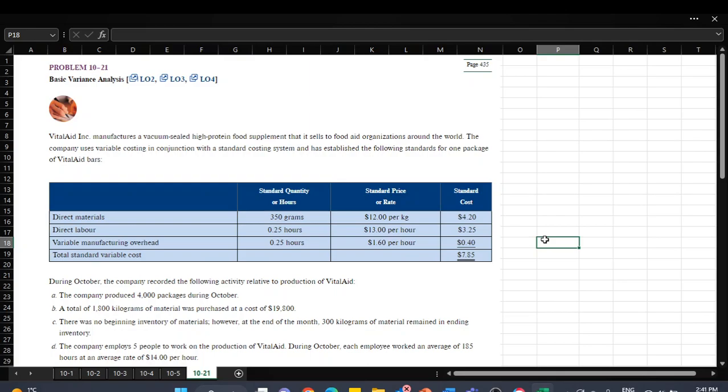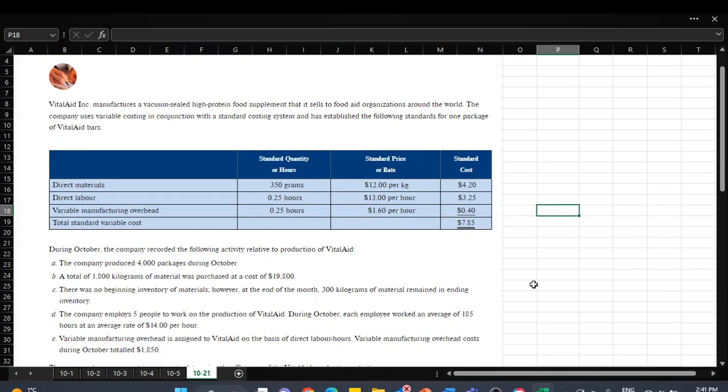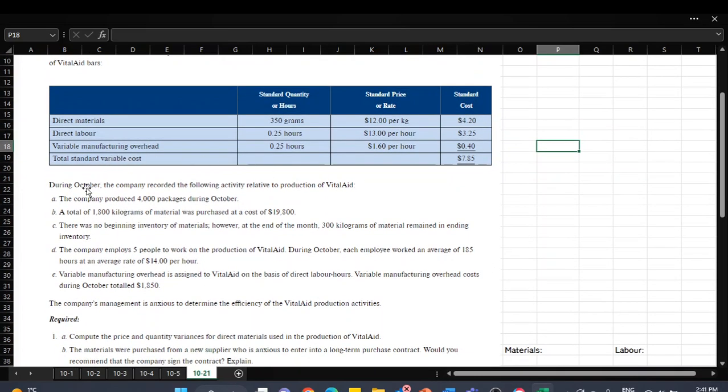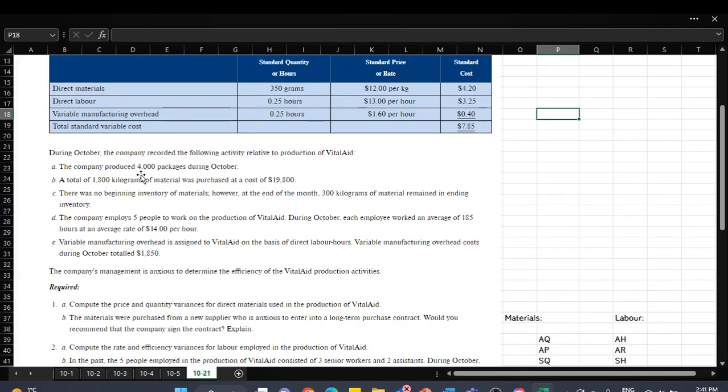So this is our standard cost card. Okay, it gives us our standard quantity of materials or hours, our standard price or rate. Okay, so we get a total standard variable cost of $7.85. We're given additional information about what happened during October. Okay, how many bars they produced, how much material was used and what it cost, okay, so on and so forth.